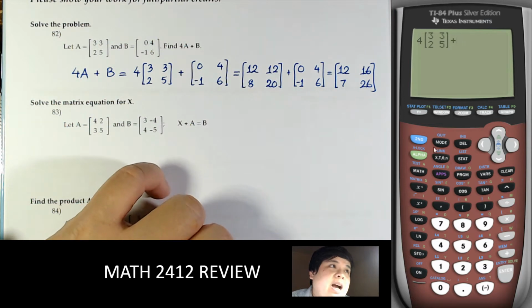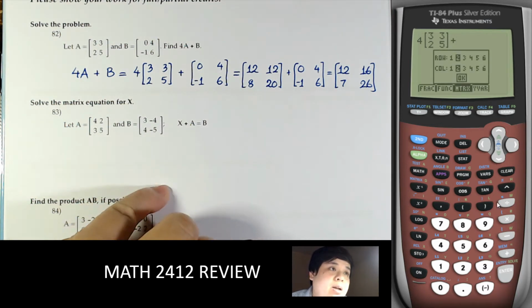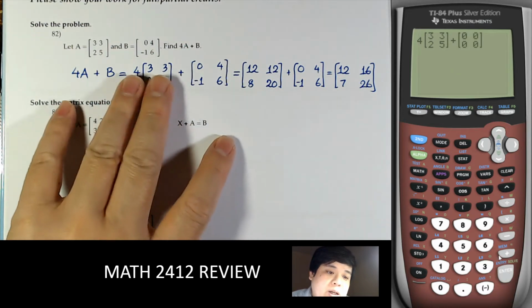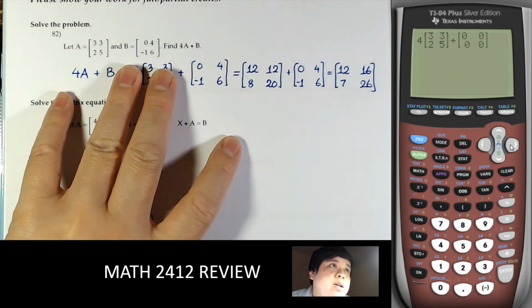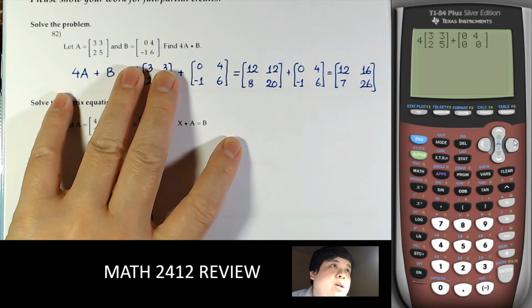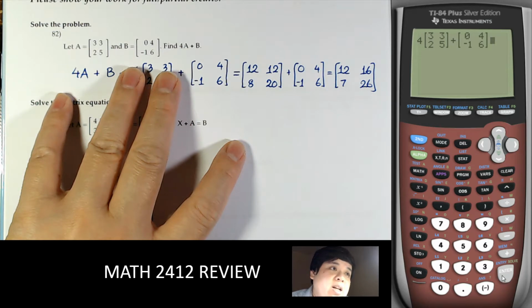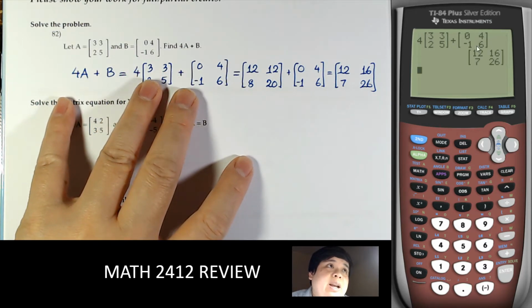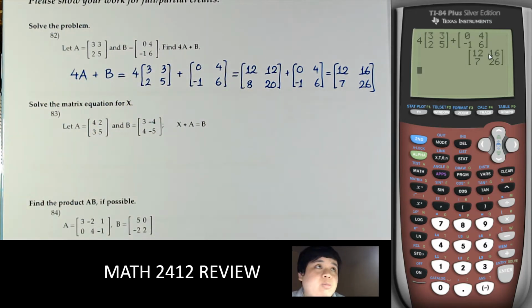Plus another matrix, so alpha, zoom, 0, 4, negative 1, and 6. Once we're done, we just hit enter to get the answer, and that is what we have. So pretty much just that.